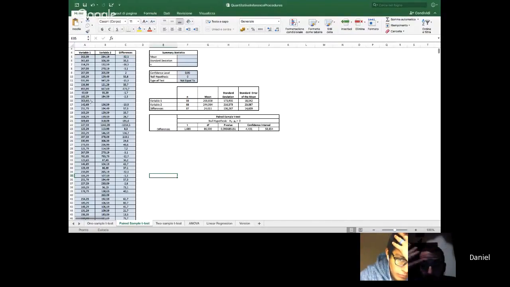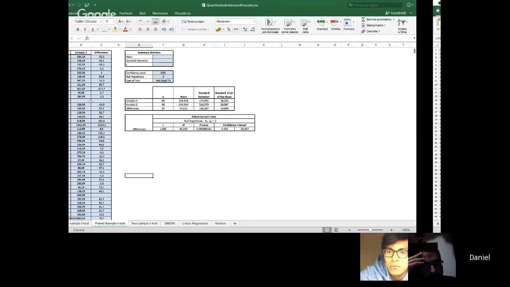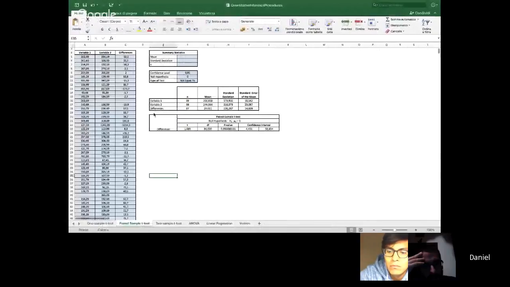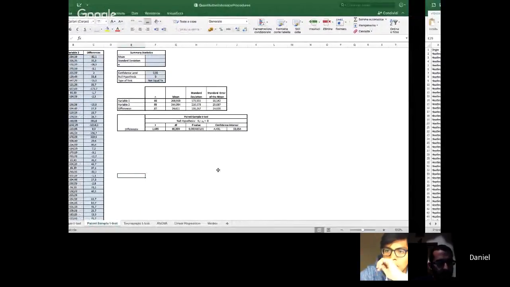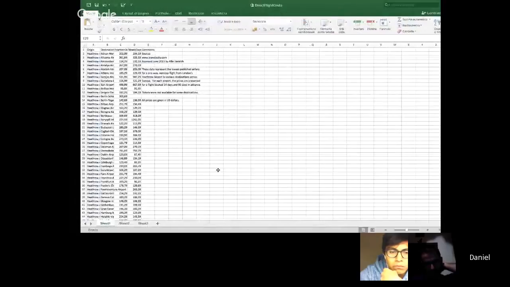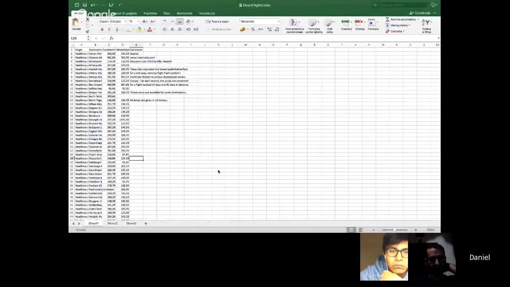So what is the first cell for variable 1? 202.09. Okay, and variable 2? 234.19. Yeah, but mine is not giving me any difference in the next cell, which should. Well, I think I accidentally deleted all the formulas.